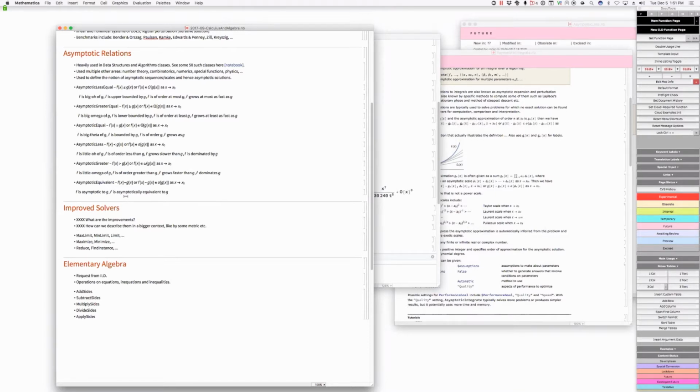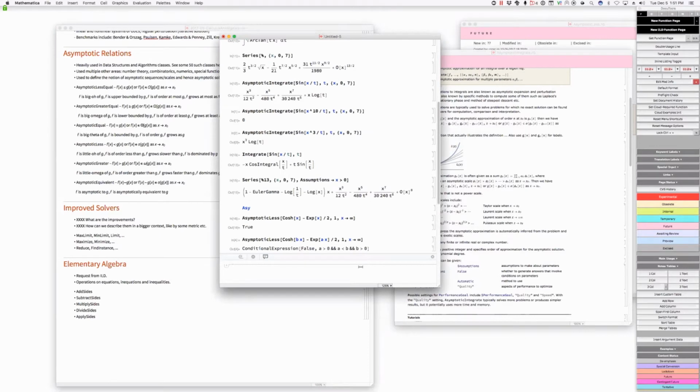So here's the scenario around series. We've been doing some functionality using the output of series. Series can only work for expressions. It can't work for solvers at this point, but we want it to eventually. What do you mean by solvers? You mean implicit things like root? Like an integrate or a solve or a DSolve. What do you mean it can't work for those? I mean, it currently doesn't.